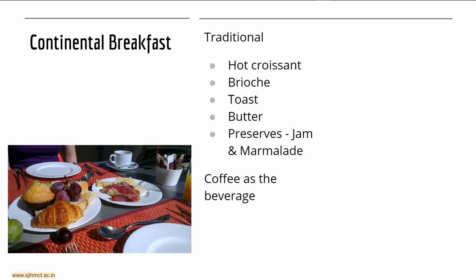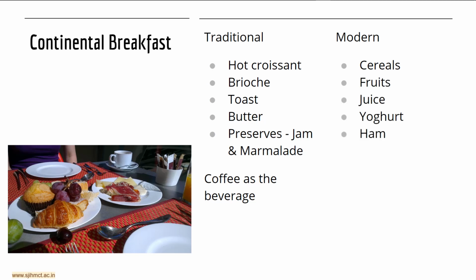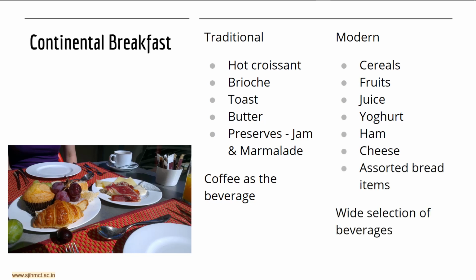But over the period of time, they have added more courses into the continental breakfast. Hence, the modern continental breakfast will consist of cereals, fruits, juices, yogurt, ham, cheese, assorted bread items, and a wide selection of beverages.